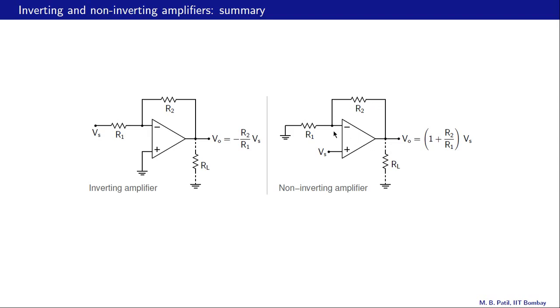So VO is V minus this voltage drop, and that V minus was equal to Vi or Vs as it is called here. And that is why we have two terms here. And as we have also seen, there is a large difference between the input resistances of these two circuits. In this circuit, the input resistance is R1, as seen by the input voltage source. And in the non-inverting amplifier, the input voltage source sees a much larger resistance.